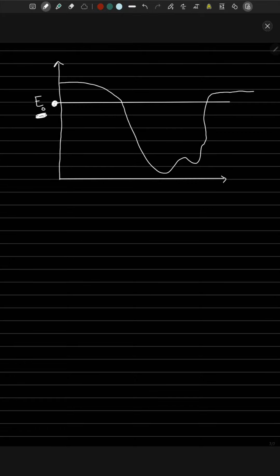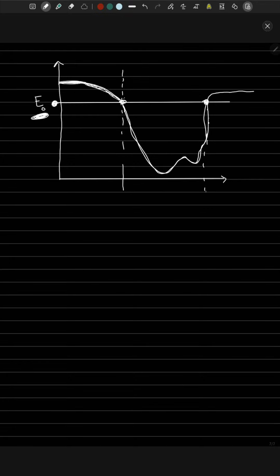Then in a classical picture, you can clearly see that this region over here is forbidden. The reason is that this line has energy above the total energy E naught of the particle, so it can never go into this region classically. However, everything that is below this energy E, or at this energy E, is accessible to the particle. So all of this is accessible to the particle.